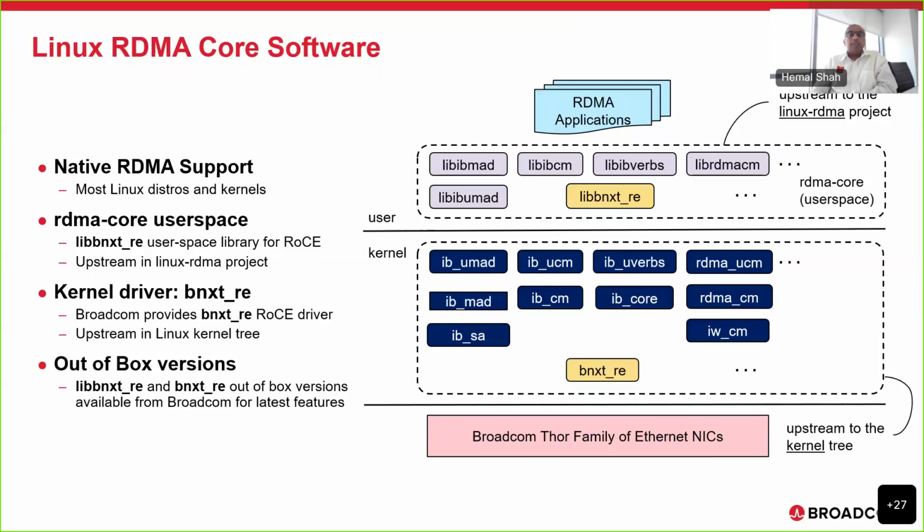The Broadcom component which fits into this is our user space library, which is shown here in yellow, libbnxt_re. We continue to upstream that as we add more features and enhance it. We also have an out-of-box version of that, because generally there is some time between when you introduce a feature and when it gets accepted upstream.